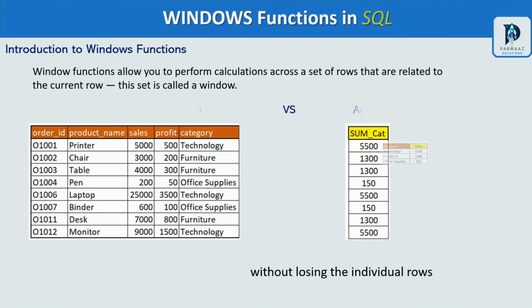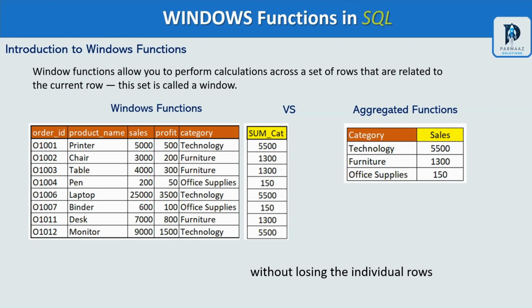For that, let's compare window functions with aggregate functions. If you remember, in aggregate functions we collapsed the rows into single rows. For example, we have 3 rows for technology. Using regular aggregate functions, we collapsed them into a single row, giving the final value as 5500.